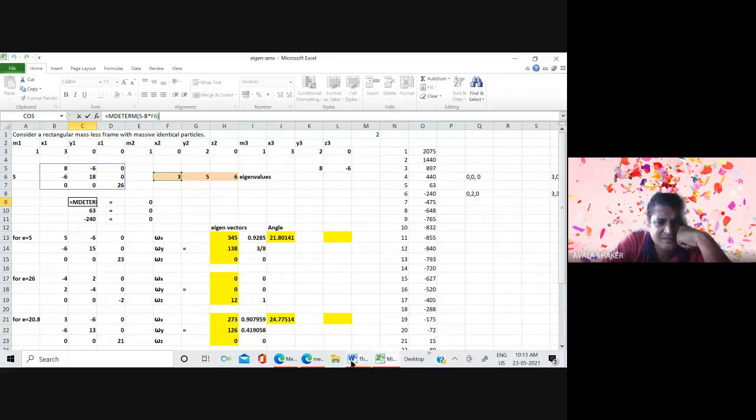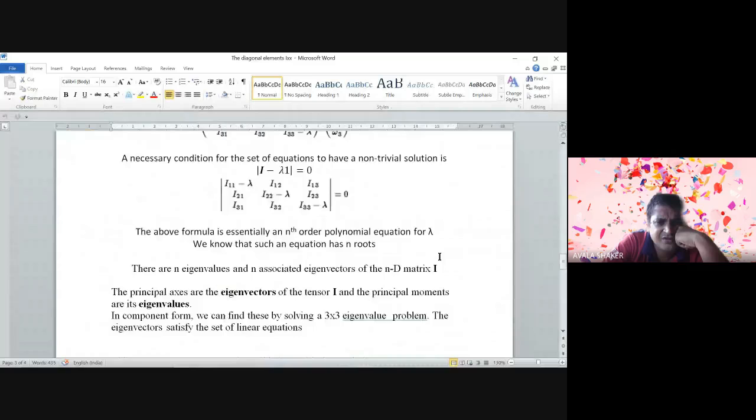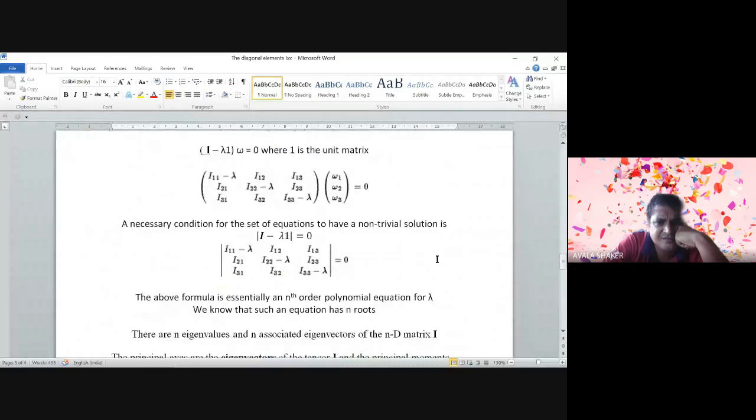Is this clear? We are creating this situation here. I minus lambda 1, this should be equal to 0. So what I have done there is determinant.